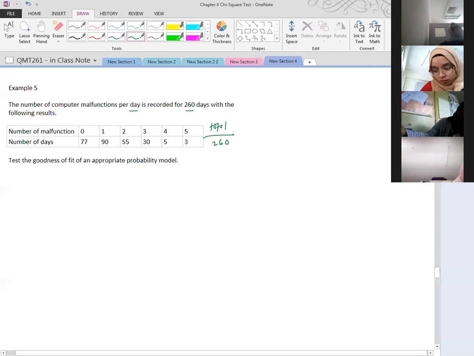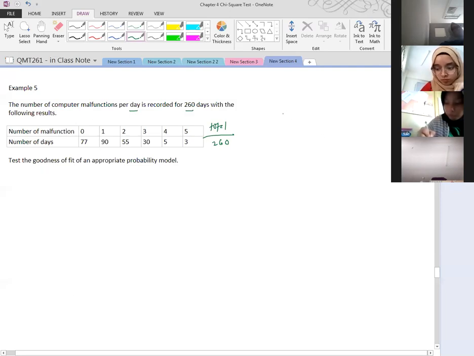Because one of the things is that the malfunctions occur independently, right? Another one is that the malfunctions occur randomly in time, over the number of days. This is why we say that this is a Poisson distribution.